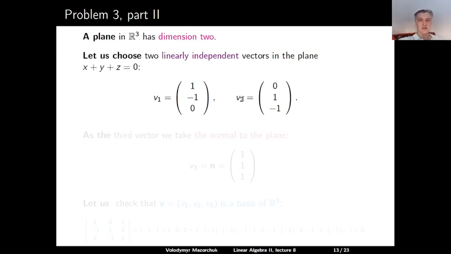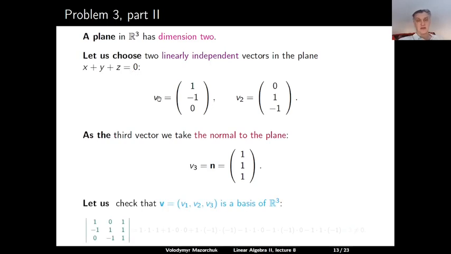And we take as v2 the vector 0, 1, minus 1, because 0 plus 1 plus minus 1 is equal to 0, so this vector is also in the plane. These vectors are obviously linearly independent because they are not scalar multiples of each other. And as the third vector, we take the normal to the plane. This is the vector 1, 1, 1, the vector of coefficients in our linear equation.